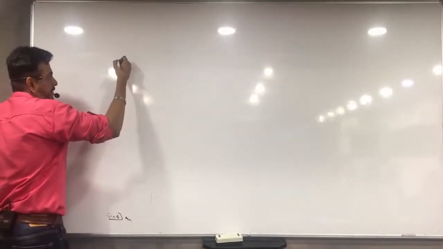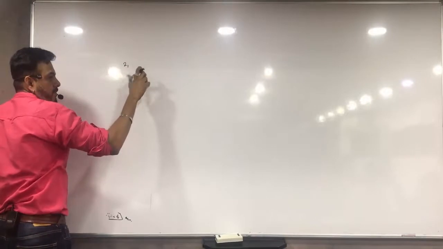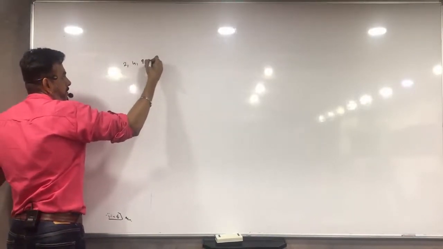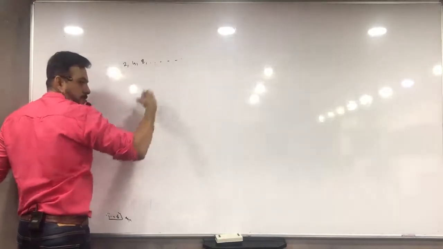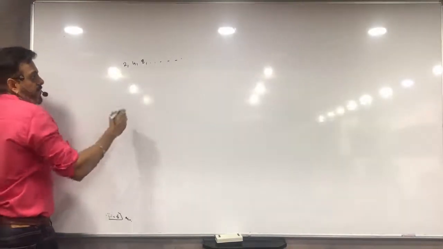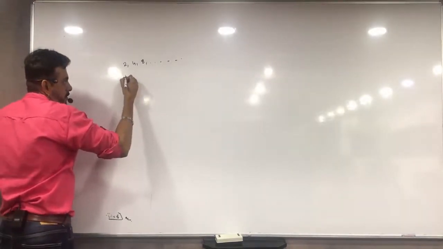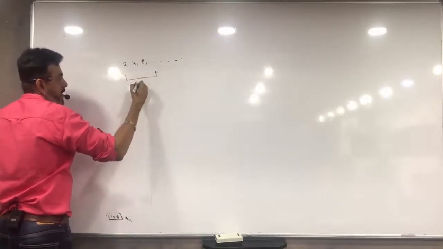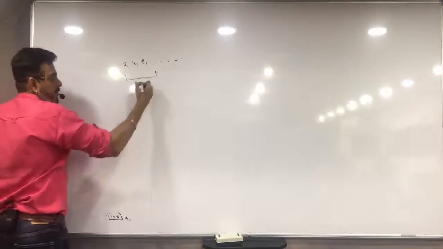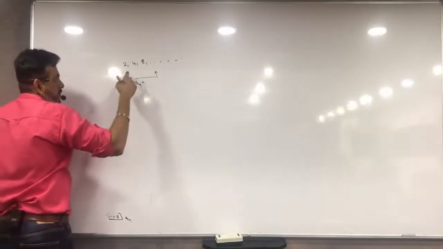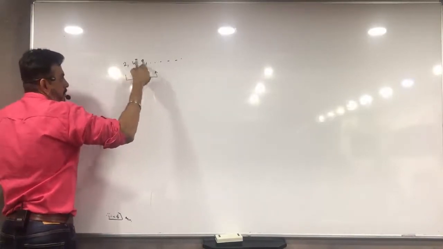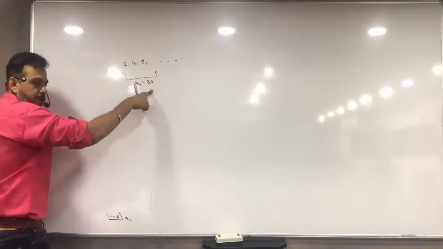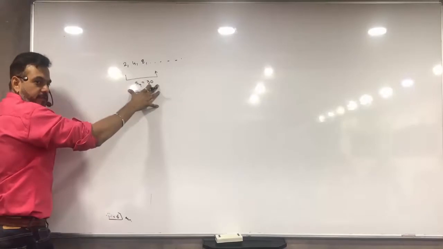Say for example, there is a series 2, 4, 8, and so on and so forth. Now, what information you are given is, 1, 2, 3 and 4, the total of 4 terms is given, S4, which is equal to 30. S4 is 30. This information is given to you.